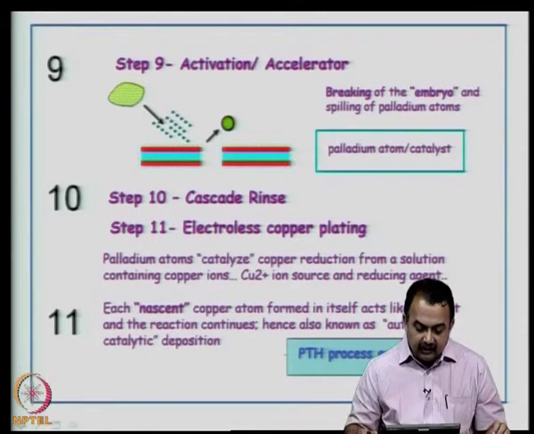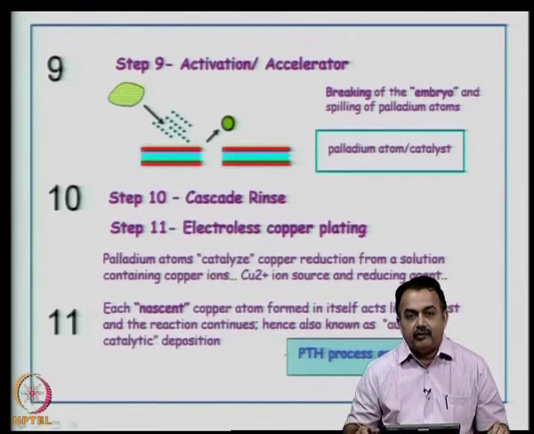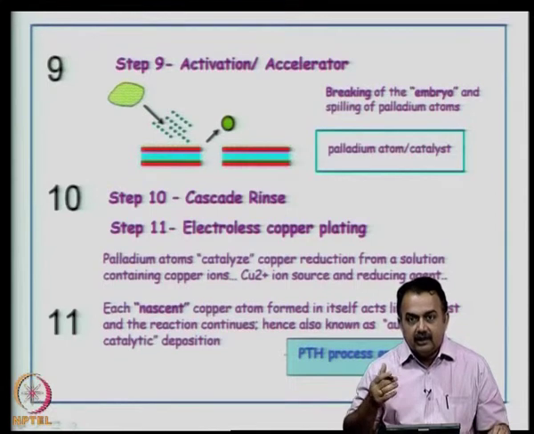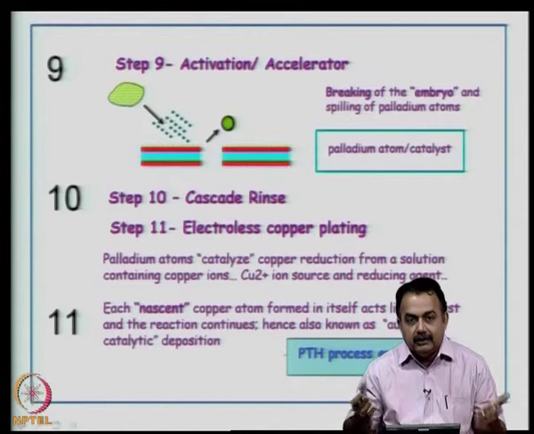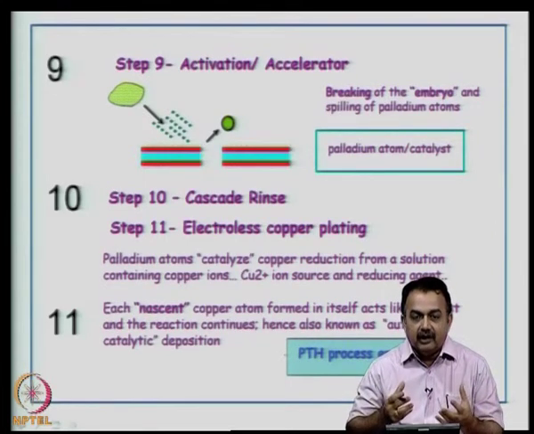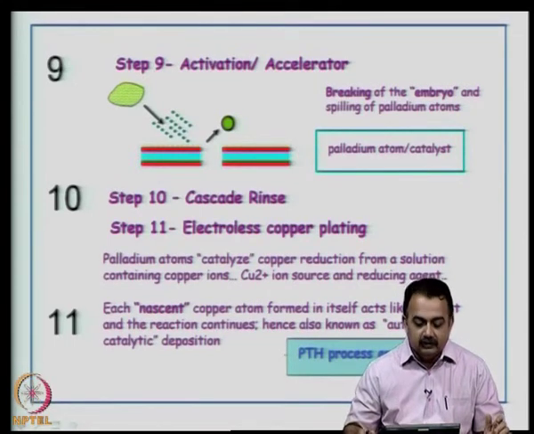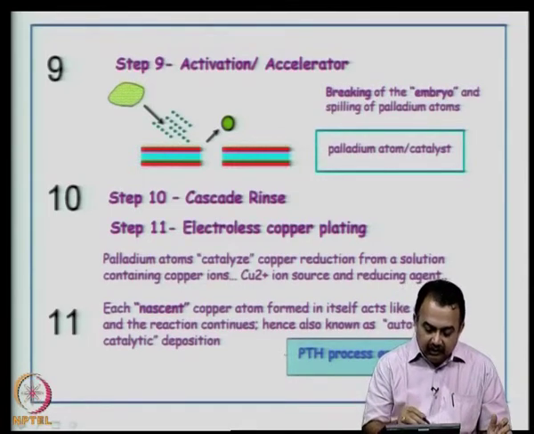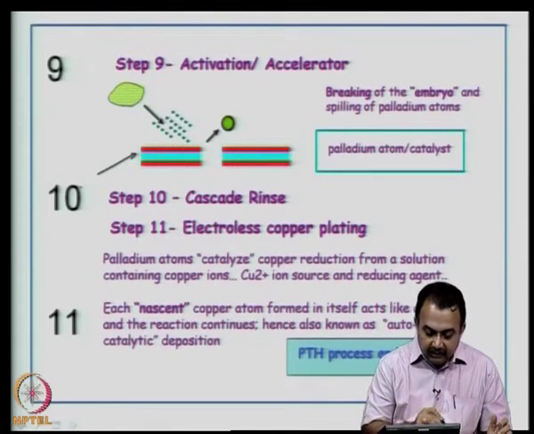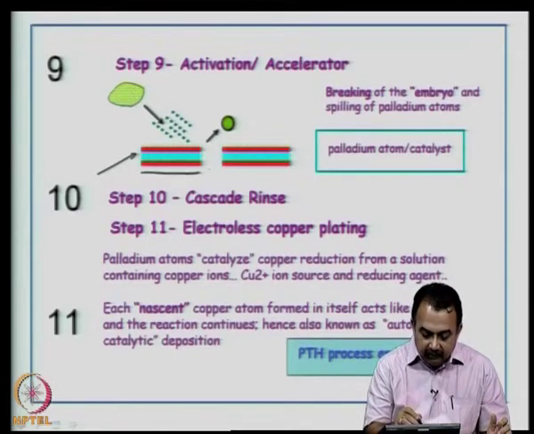The next step is activation. These embryos now have to be broken, so that the palladium atoms can be spread over the entire area. In the earlier process you can see they were as embryos embedded. Now, you have to split them individually using an activator material and then they are spread in a monoatomic layer fashion here over the entire copper area as well as the hole walls.